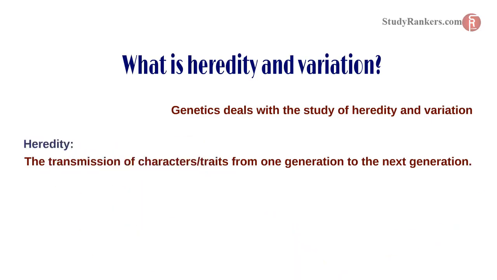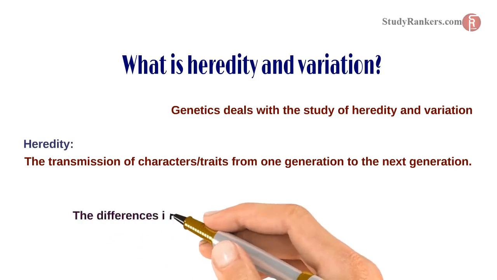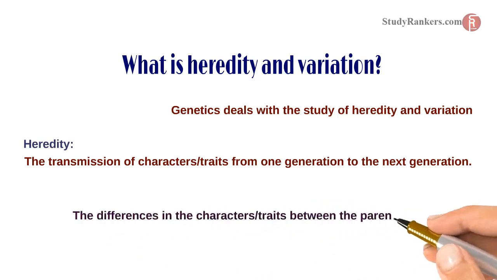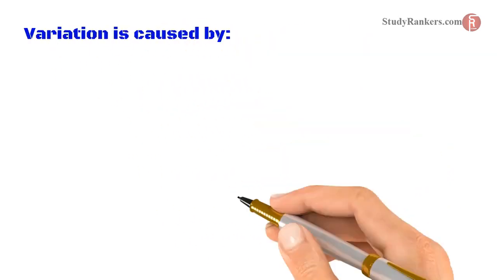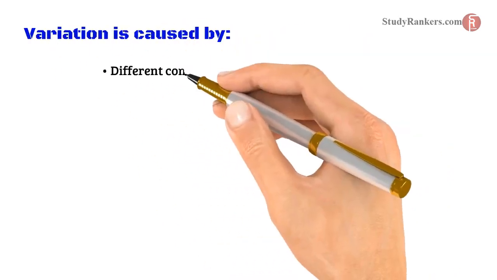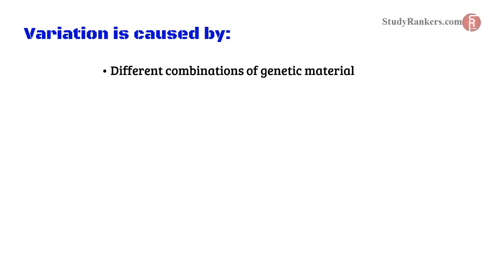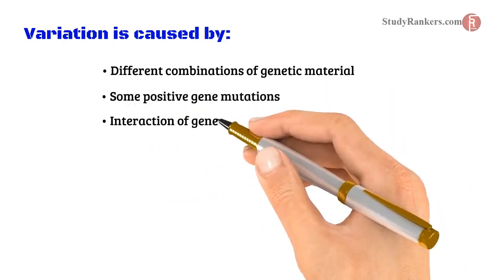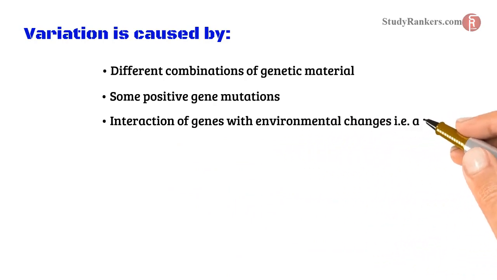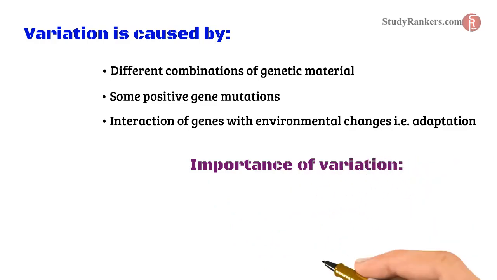The differences in the characters or traits between the parent and offspring is called variation. Variation is caused by different combination of genetic material, some positive gene mutations, and interaction of gene with environmental changes, that is adaptation.